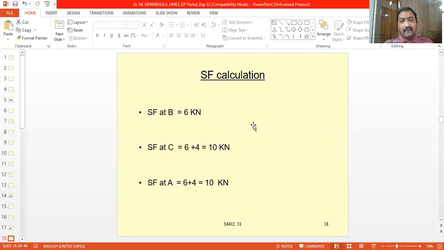Similarly, the anti-clockwise moment produced by a force to the right of the section is taken to be positive. That means the clockwise moment to the right of the section will become negative.